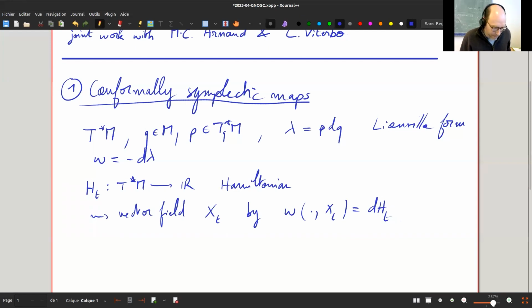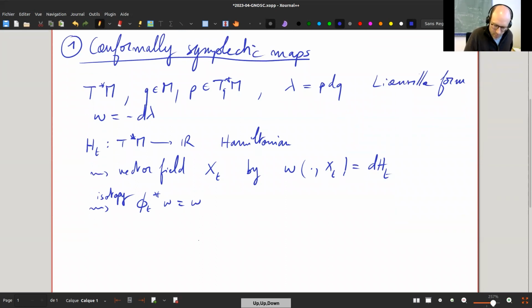Now, it is known that this generates an isotopy phi_t, which preserves the symplectic form. But now I want to introduce a friction term. In classical mechanics, this is supposed to model systems with no dissipation of energy.